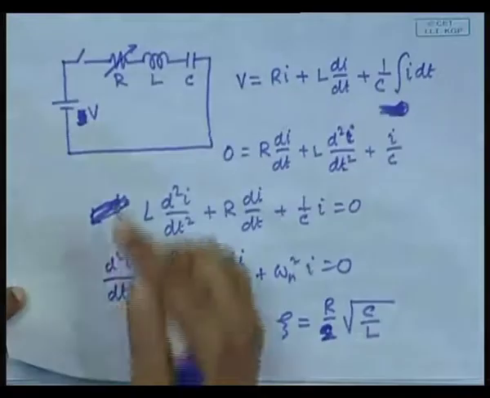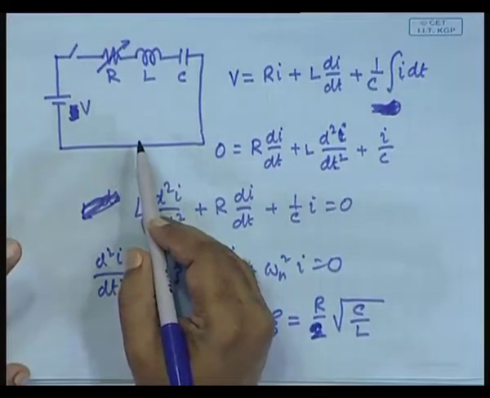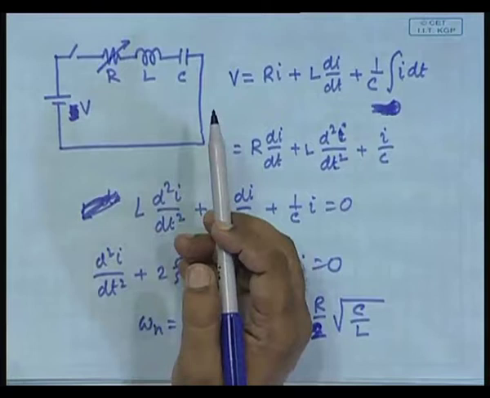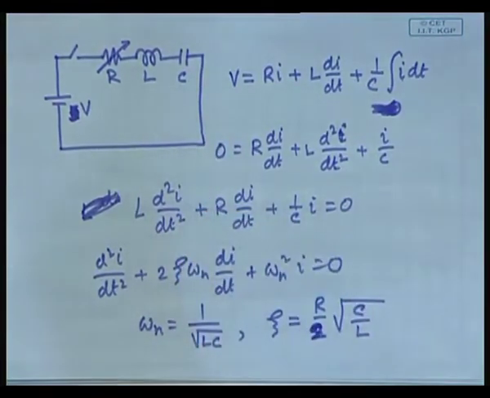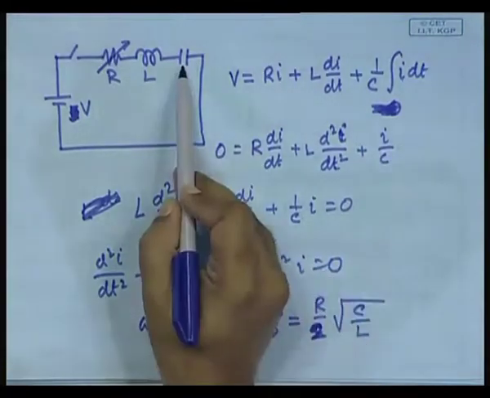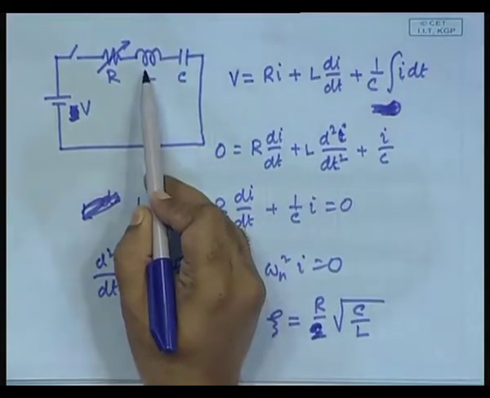Overdamped. So, what happens to the current here? Current starts with 0. Its steady state value is 0, because the capacitor in steady state blocks, and in starting condition this blocks.